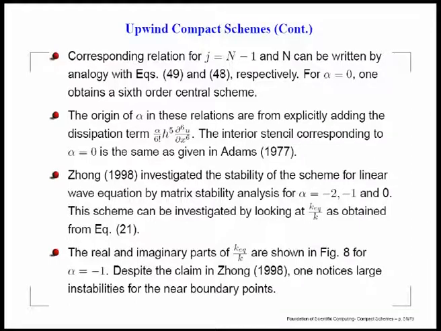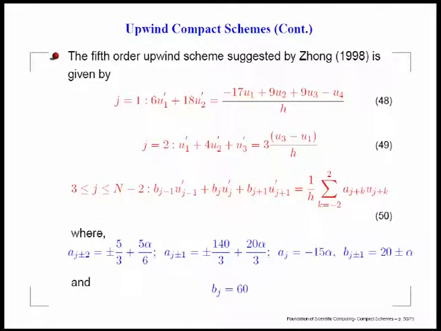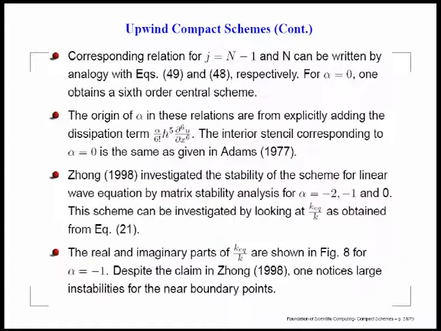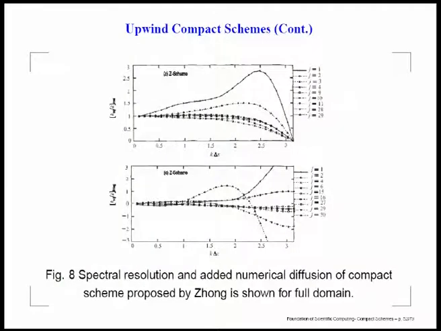Now, we have learned how to do a global analysis. So we could subject this scheme, equations 48 to 50, to it and calculate k equivalent by k and find out what is being done in this case. And this is what you find. The top figure tells you about the real part of k equivalent by k, and the bottom one tells you the imaginary part.